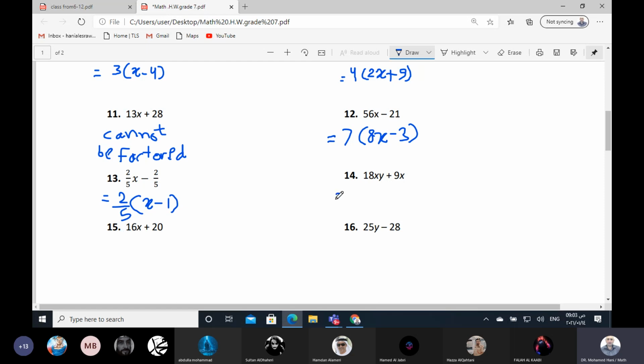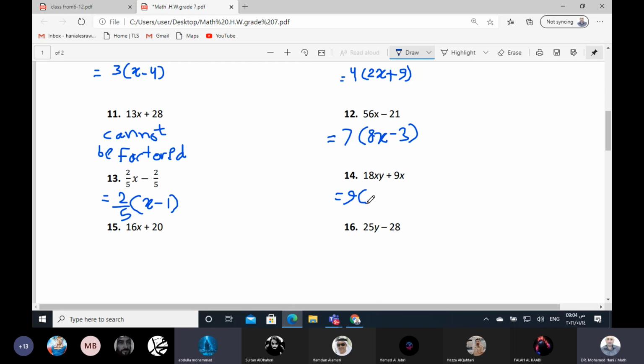Mister, can we solve this question? Okay, tell me. Mister, put 9. Open parentheses.